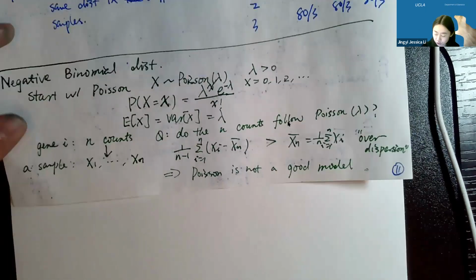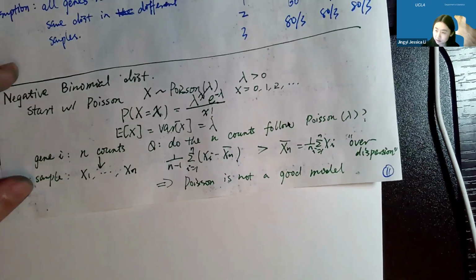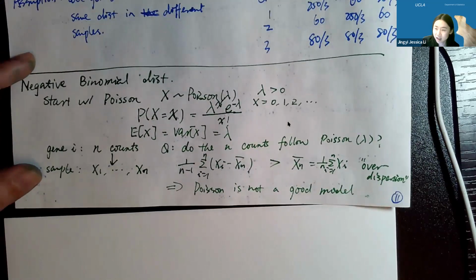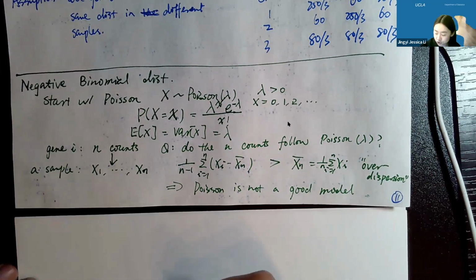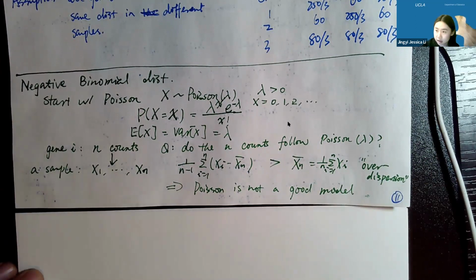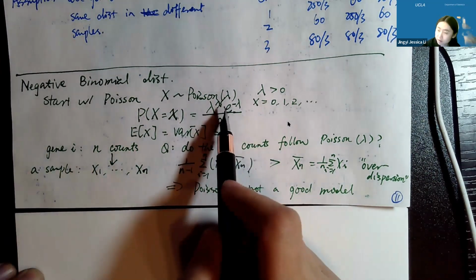To address this issue, we want to add some additional variance to our model, but we still want to keep the count model. This is a general idea in statistical modeling. If you think that with the Poisson model the variance is not large enough, that is not what you observe from the data, you can add another layer of distribution for the parameter lambda.